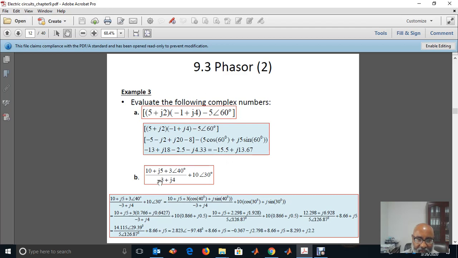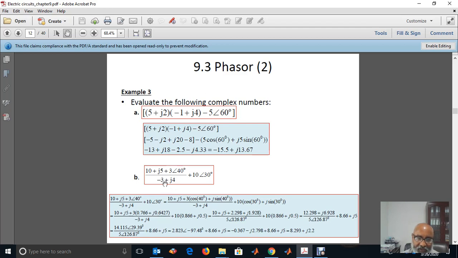Okay, what about this one? To do this, first we need to change this polar form to a rectangular form. Okay, 3 at an angle of 40 is polar, and we change it to rectangular and add the real part together, the imaginary part together, and make rectangular form. And then, because it is division, change the rectangular form to polar form and you make the division.